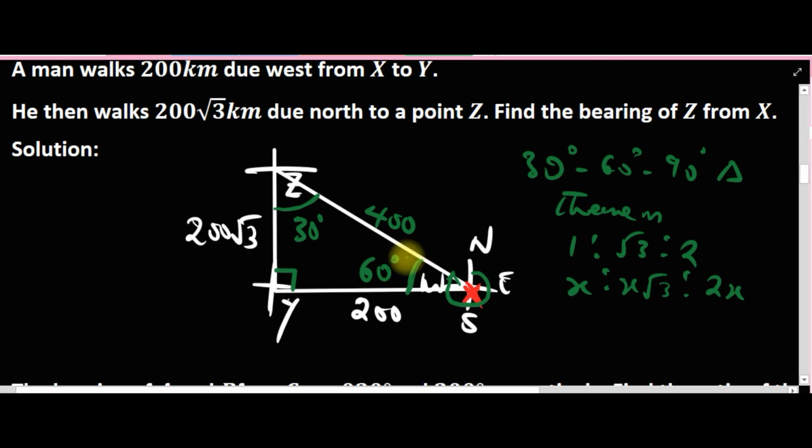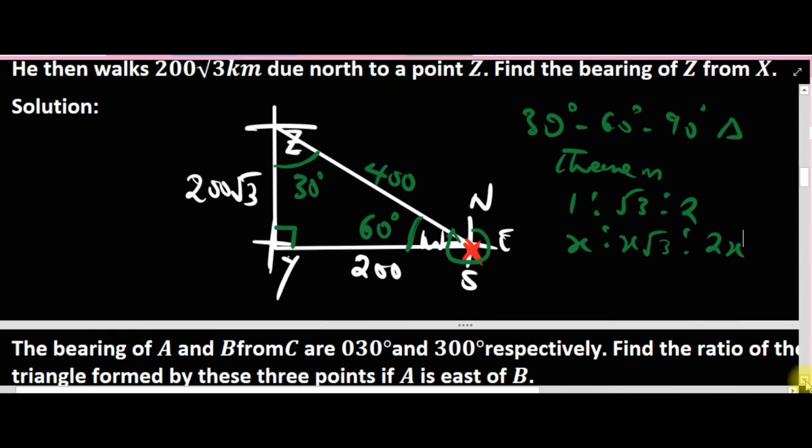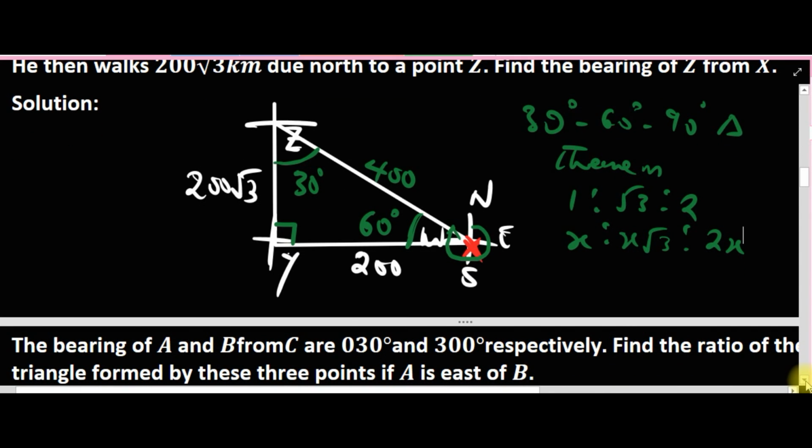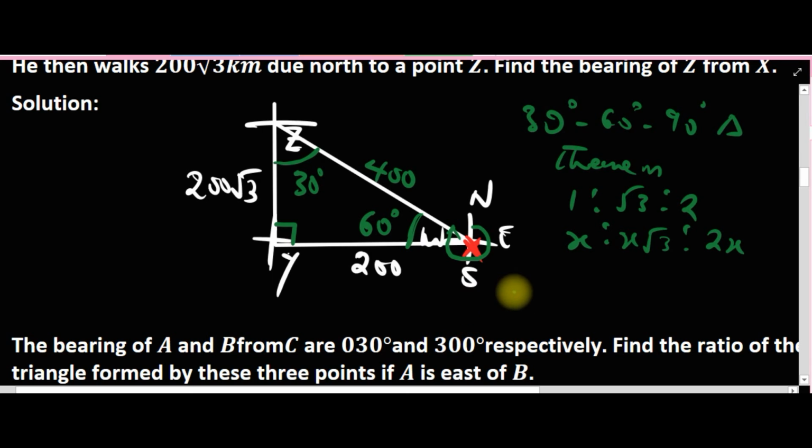You don't need to waste time using SOHCAHTOA or trigonometry. So the angle now is 60, and the answer is 60 plus 270, which is 330 degrees.